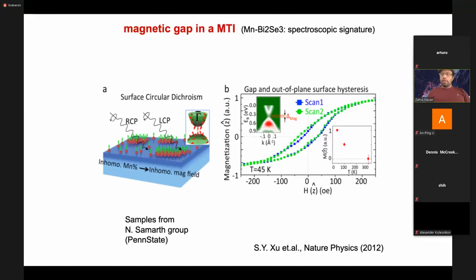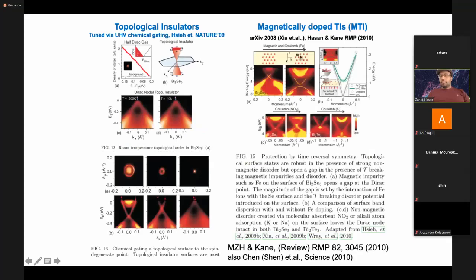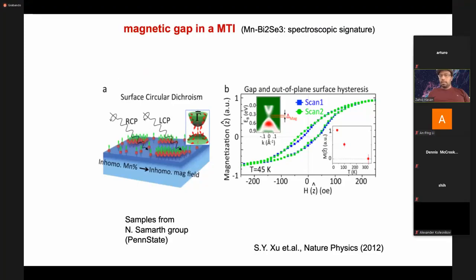How do you know a magnetic topological insulator has a Chern gap, or any topological material realizes a Chern gap? One of the diagnostics we applied is that you could explore the circular dichroism on the surface, and also see whether the dichroic signal hysteresis is correlated with the gap we observe. In other words, we are trying to probe whether the gap is an artifact, or a real magnetic gap.